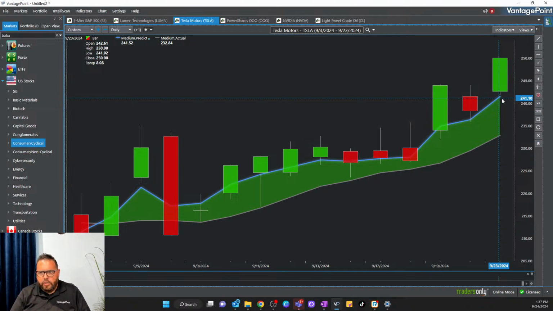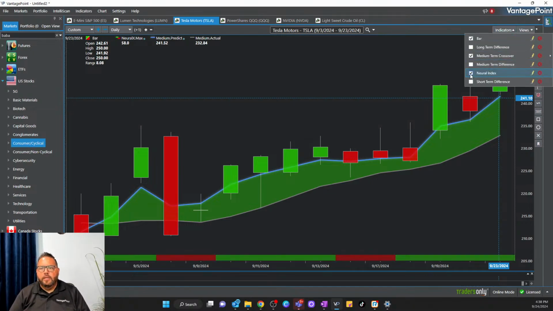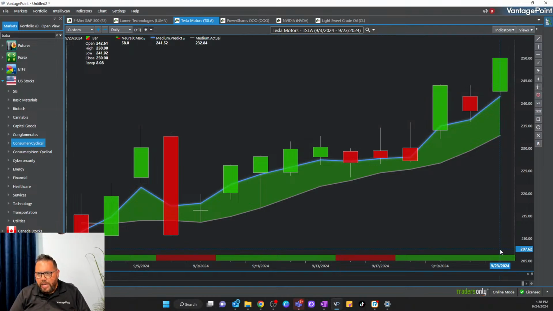Tesla was expected to go higher. The blue line is above, that blue line is pointed up. Everything is expected to move higher from a trend standpoint for Tesla. That's pretty easy to see. Let's go to step 2, the neural index. The neural index is green, indicating that there's short-term strength in that price, indicating Tesla is expected to move higher.